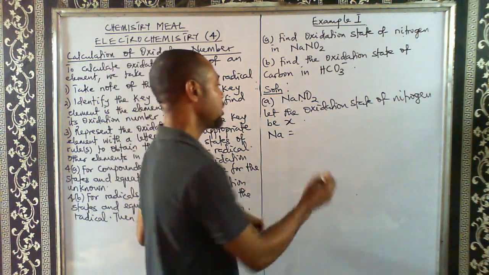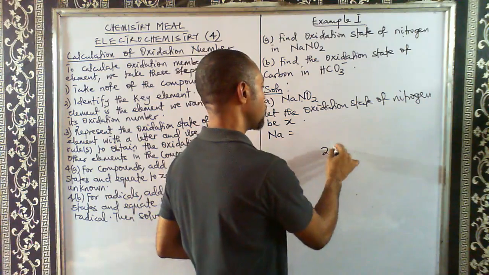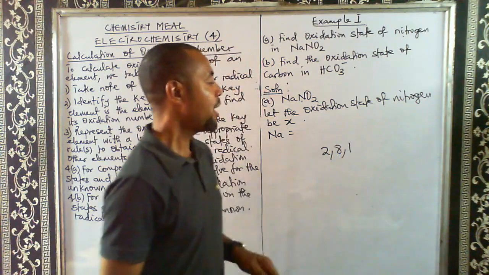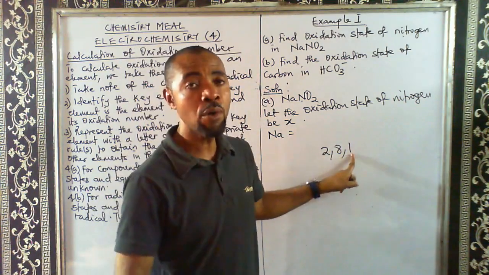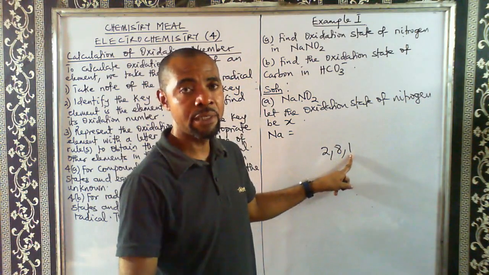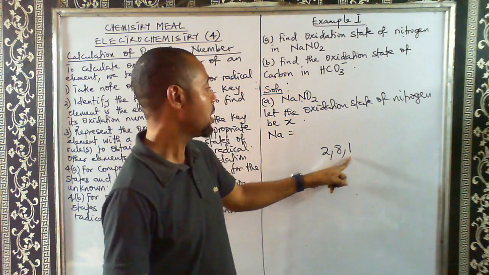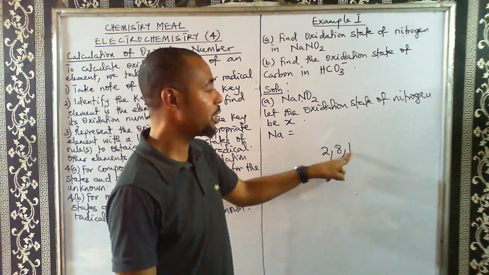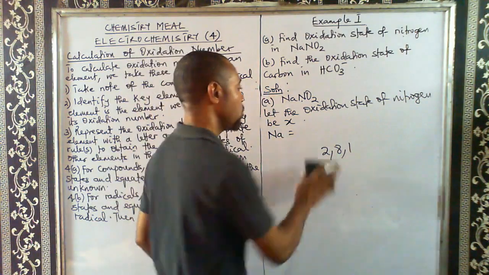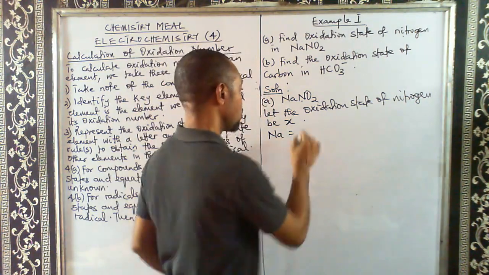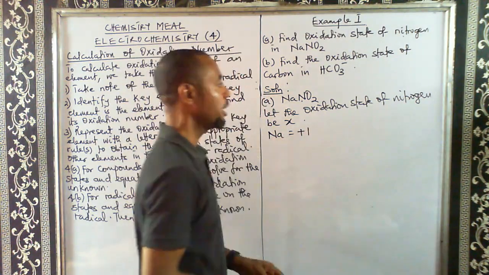You remember the electronic configuration of sodium is this. And we say that for common group 1, group 2, group 3 elements, the oxidation state will be +1, +2, +3 respectively. Since sodium is in group 1, the oxidation state of sodium is +1.